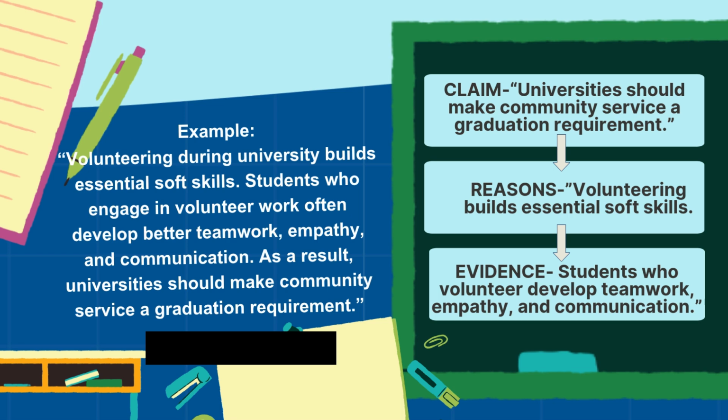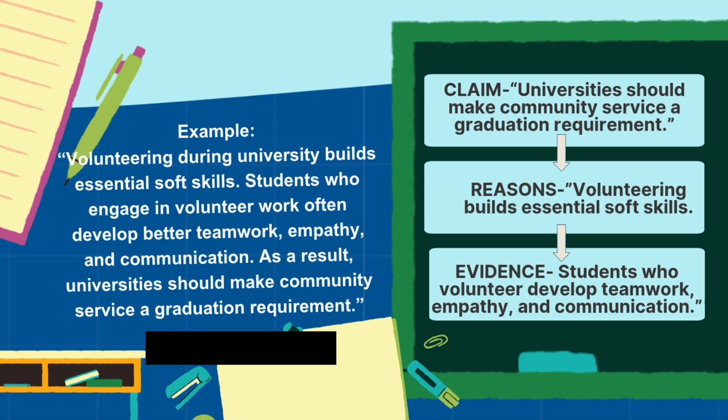The claim is universities should make community service a graduation requirement. The reason is volunteering builds essential soft skills. The evidence is students who volunteer develop teamwork, empathy, and communication.